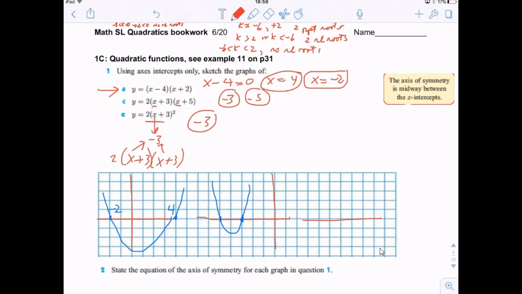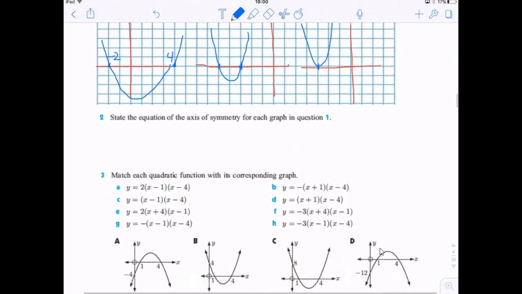There's always two x-intercepts. But remember, if the parabola just touches the x-axis, then we know that the x-intercept is actually where the vertex touches it. Okay? So that's the first part. Easy, right?